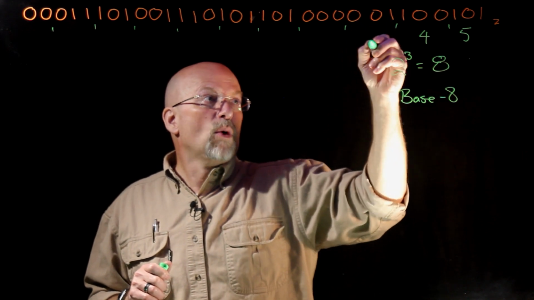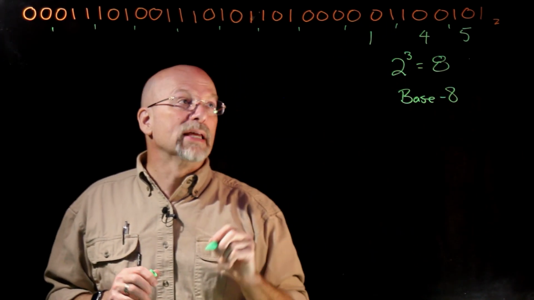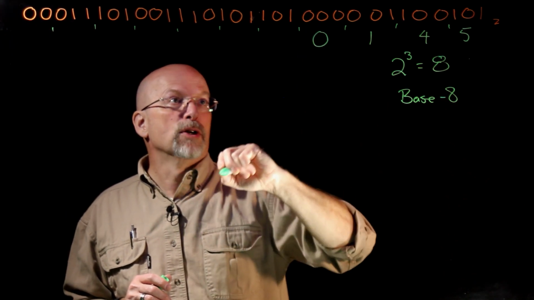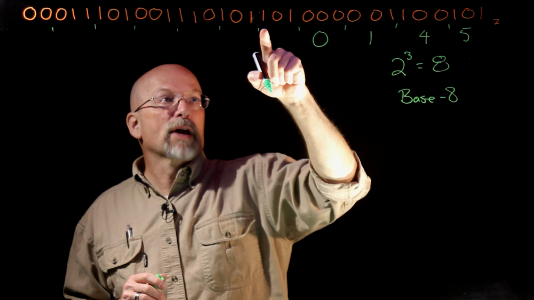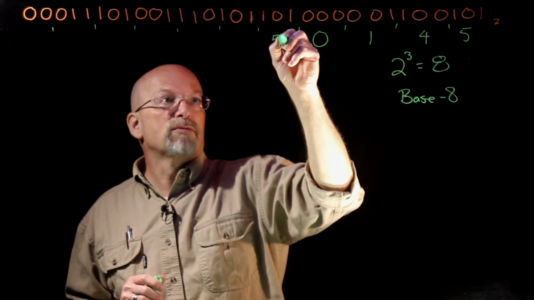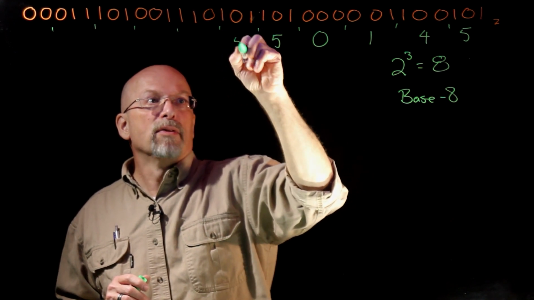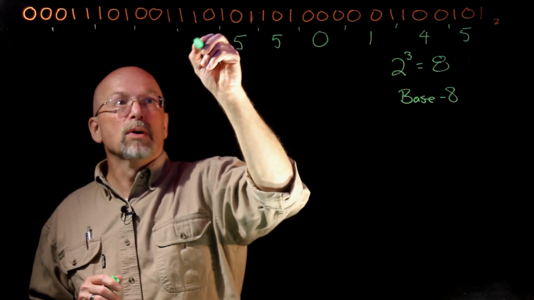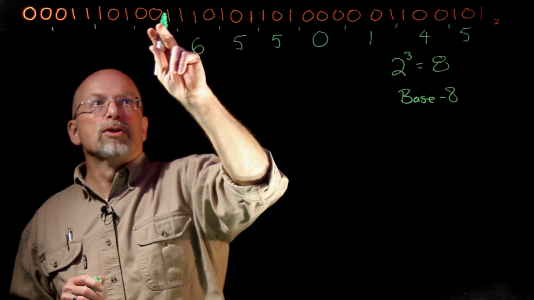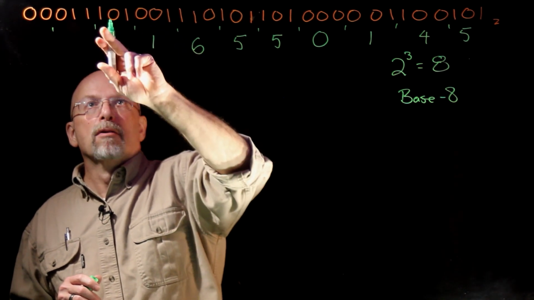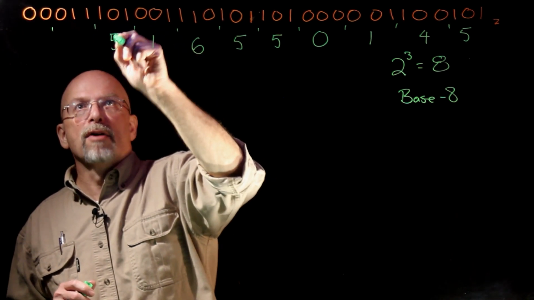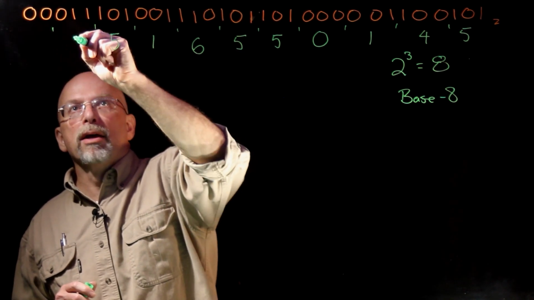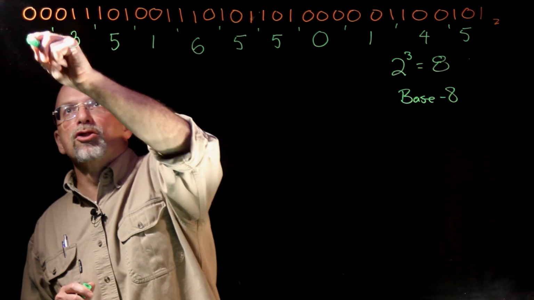Then 0, 0, 1, that is a 1 in the 1 position. 0, 0, 0, no powers of 2. 1, 0, 1, we've already figured out that that's 4 plus 1, which is 5. 1, 0, 1, that's also 5. 1, 1, 0, 4 plus 2 is 6. 0, 0, 1, that's 1. 4 plus 1, another 5. 0, 1, 1, that is 2 plus 1, which is 3, and then a 0.